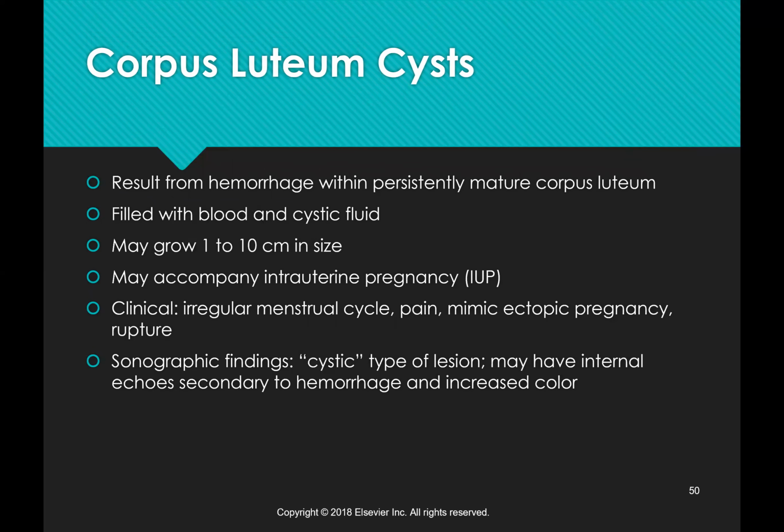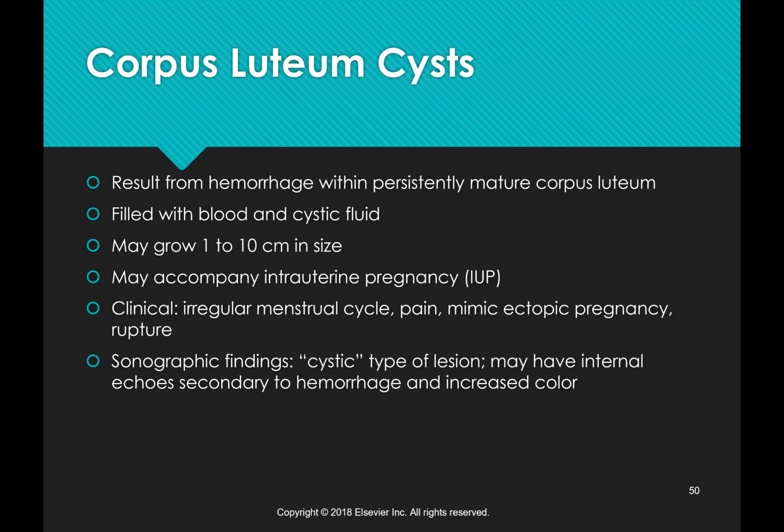So a corpus luteal cyst results from the hemorrhage within the persistently mature corpus luteum, and it's filled with blood and cystic fluid. It may grow up to 1 to 10 centimeters in size and may accompany intrauterine pregnancy. Clinically, it's going to be irregular menstrual cycles, pain, mimic ectopic pregnancy, and rupture.